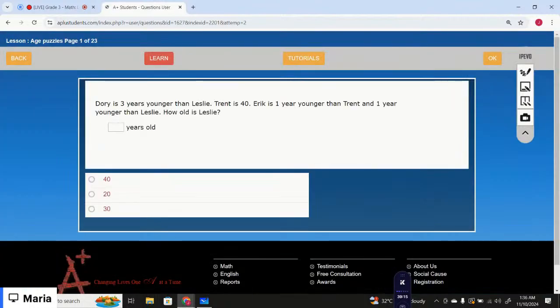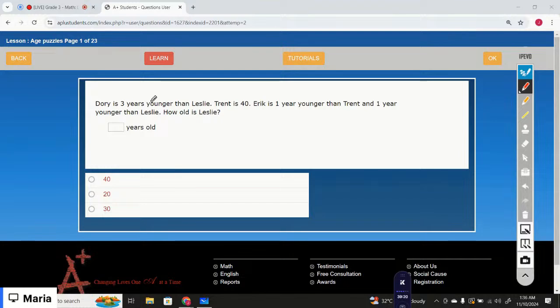Now let's just see. Dory is 3 years younger than Leslie, right? Trent is 40. Eric is 1 year younger than Trent and 1 year younger than Leslie. How old is Leslie? You need to find the age of Leslie, right? You are given Dory's age. Dory is 3, right?